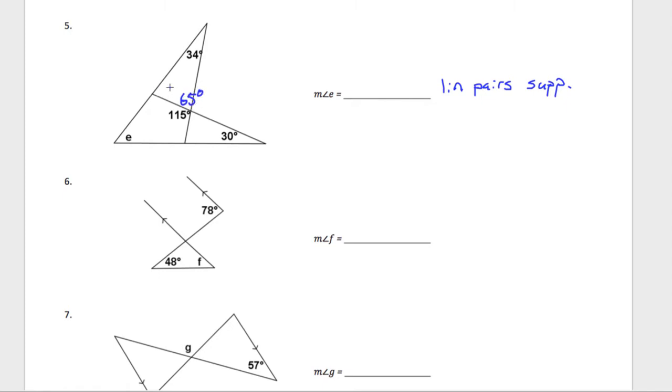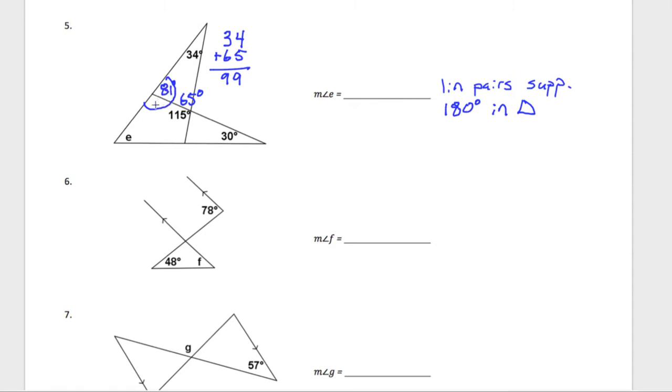degrees, and that means I can find this angle right here because there are 180 degrees in a triangle. So that means I'm going to do 34 plus 65 to get 99, which means this angle here is 81 degrees. I did 180 minus 99, and from that I can figure out this angle right here.